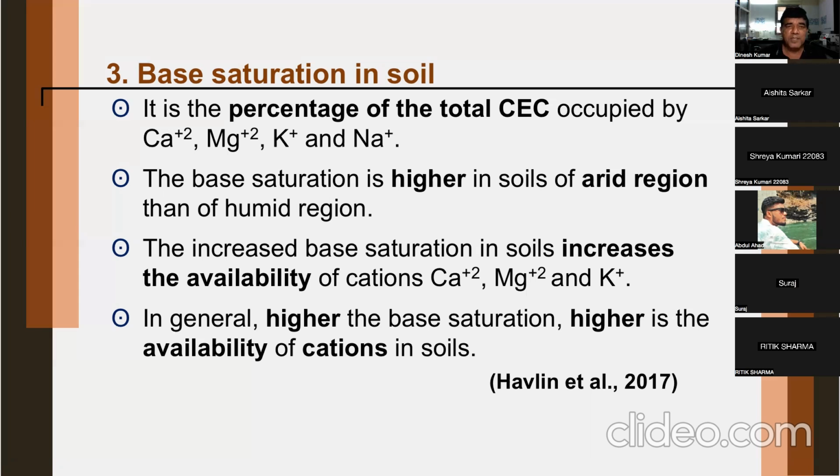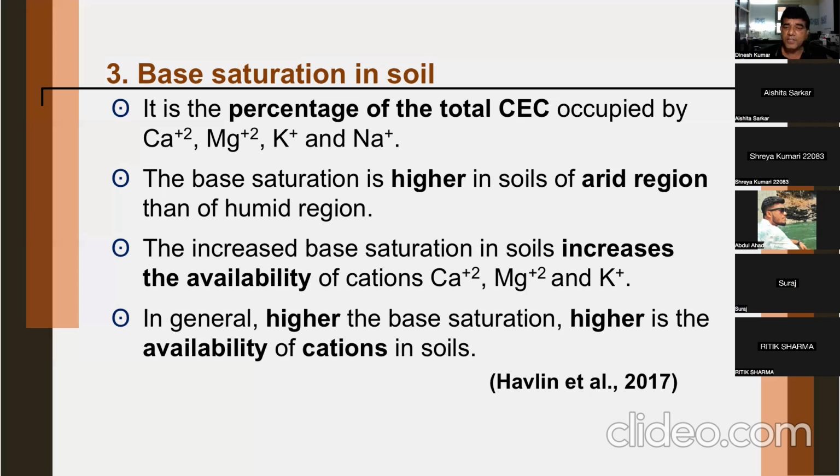Now, base saturation in soil. It is the percentage of the total CEC, total cation exchange capacity, that is occupied by calcium, magnesium, potassium, and sodium. So these are 4 cations. They are called base cations, basic cations. The base saturation is higher in soils of arid regions than humid regions, because naturally in humid regions calcium and magnesium are lost by leaching because of high rainfall. So there the concentration of these cations is less, and their concentration is more in arid region soils.